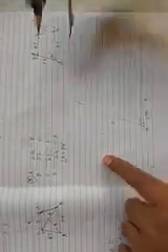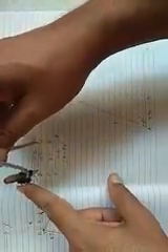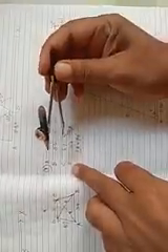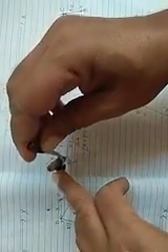Now with the measurement of BC 3.2 centimeter, with B as a center, draw this arc, and with the measurement of DC 2.7 centimeter, taking D as a center, draw this arc.